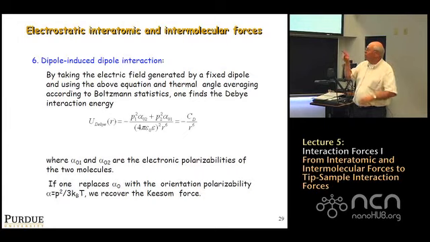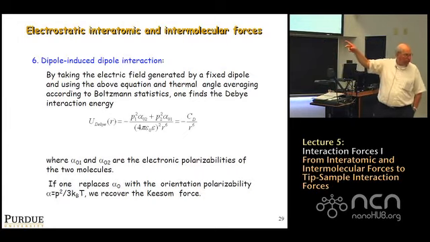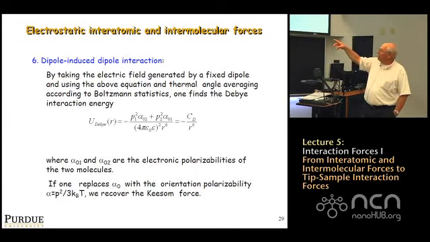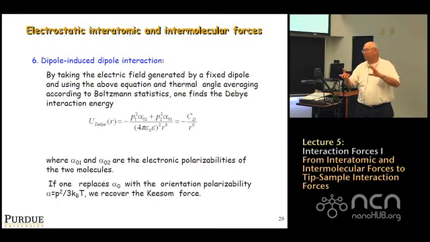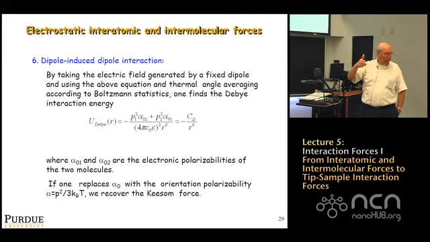The important thing is it's a 1 over r to the 6th, right? And all those other factors are often represented by a constant which we call C sub d, right? So this Debye interaction, which takes into account the interaction between a permanent dipole and an induced dipole, also gives a 1 over r to the 6th electrostatic interaction potential, okay?